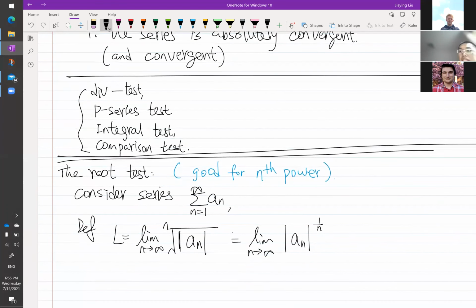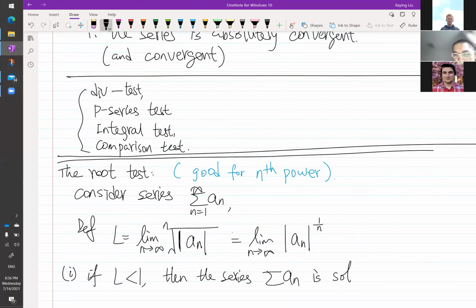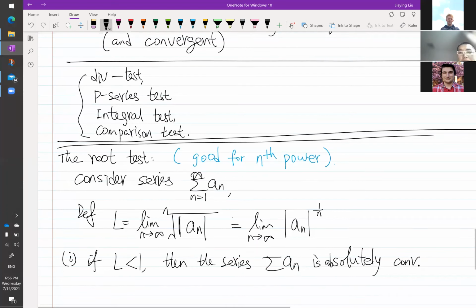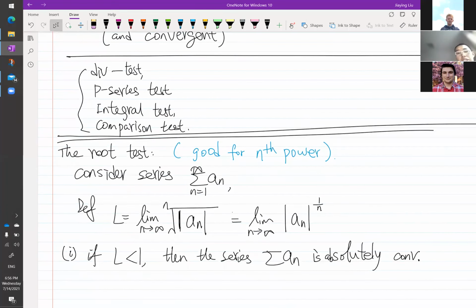So just like before, we compare L with 1. If L is less than 1, then the series a_n is absolutely convergent. Just like with the ratio test, the conclusion is the same. It's just how you define L that is different.